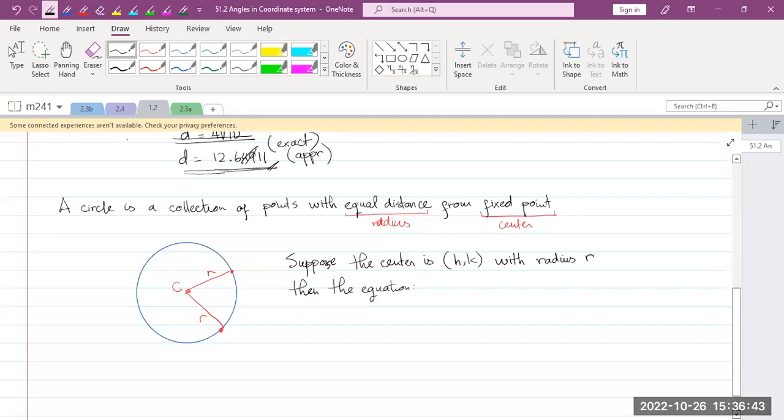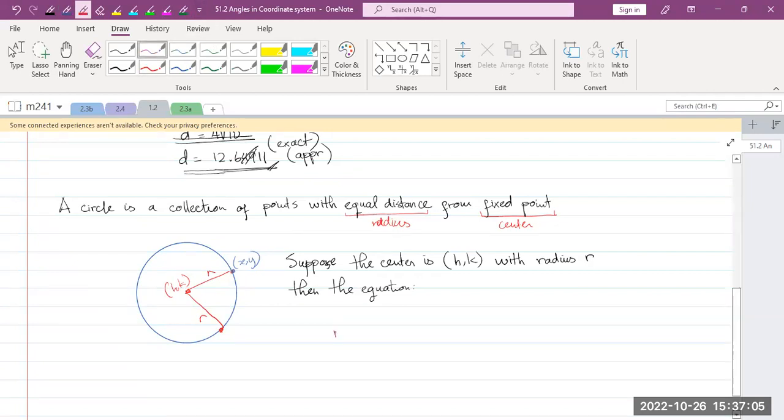Let's say the center is h comma k, and every point on the circle has coordinates x comma y. However you choose this coordinate x comma y, as long as it is on the circle, the distance must be r, right?